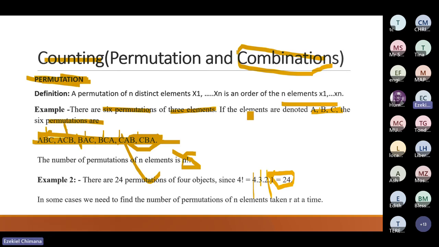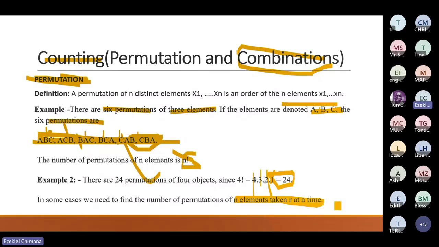In some cases, we need to find the number of permutations of n elements taken r at a time. These are mostly the type of questions that you see in your exam, or in your assignments, right?